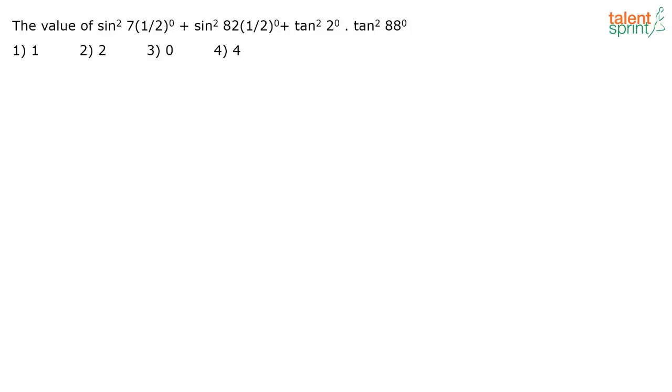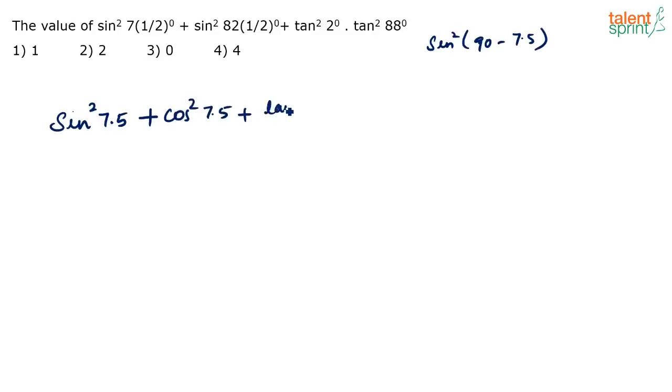Next, see what is given here, sine squared 7 1 by 2, that is sine squared 7.5. So this is nothing but sine squared 7.5 plus sine squared 82 1 by 2, which is sine squared of 90 minus 7.5, that is equal to cos squared 7.5, and this will become tan squared 2 into tan squared 88, correct?